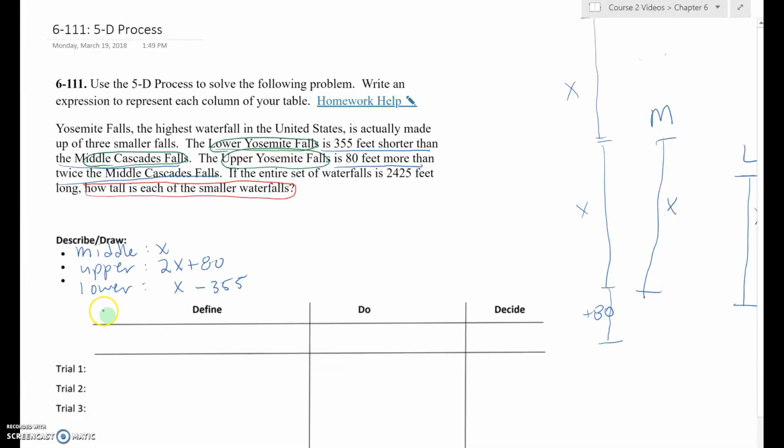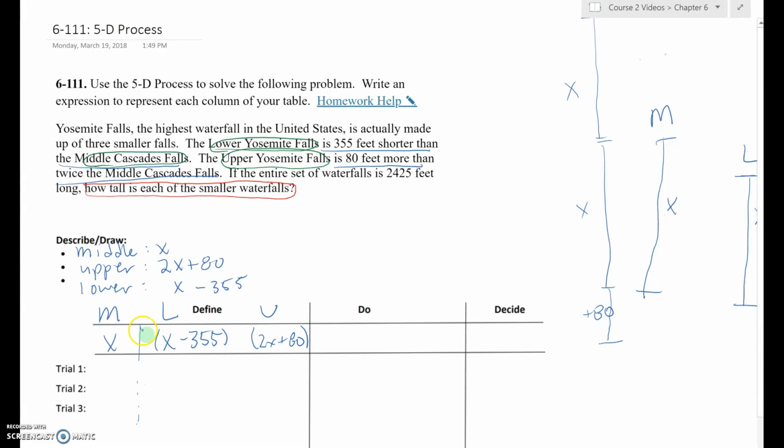So middle is going to be our X, lower is going to be X minus 355, and the upper is going to be 2X plus 80.